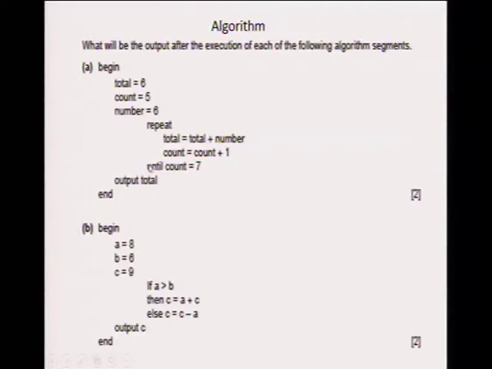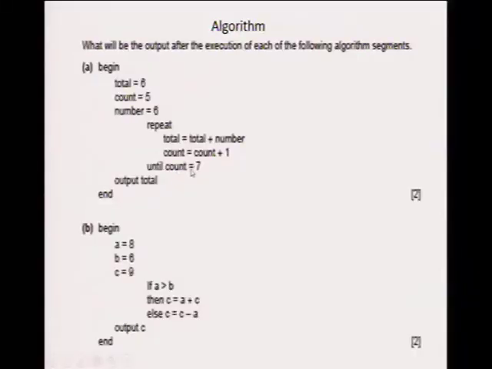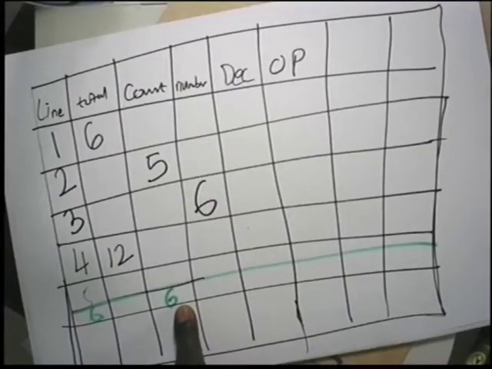Then this until you are going to decide. So this is how you decide. Is count equal 7? Those are the things you put in the decision box. True or false? Count is what? 6. My count is 6. Is it equal 7?